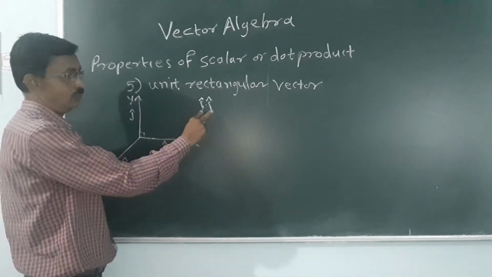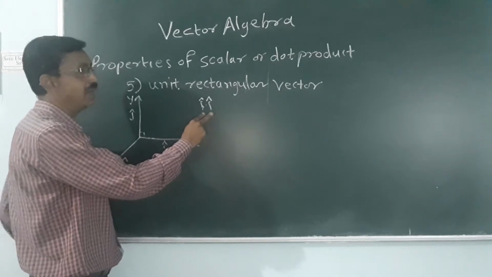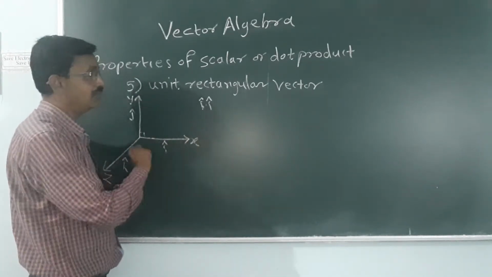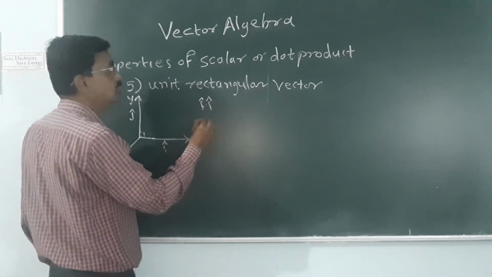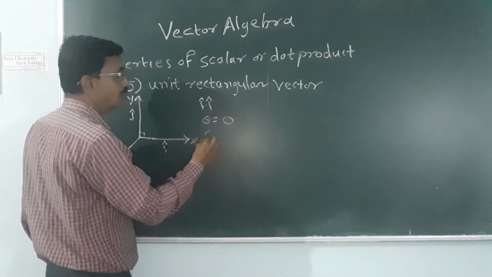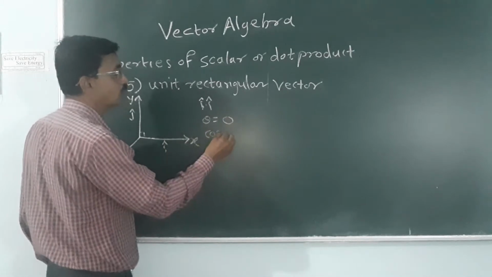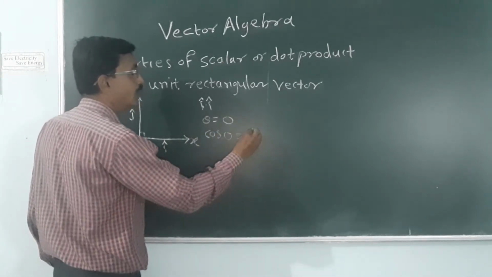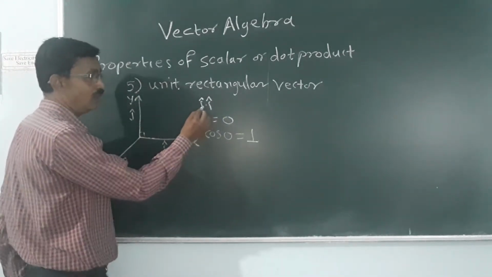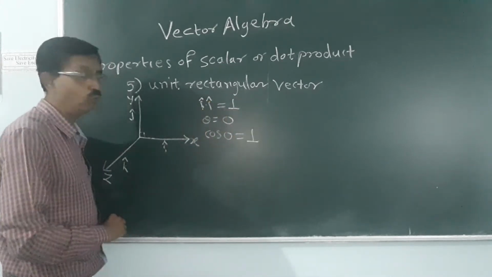Whenever vector i is parallel to vector i with equal magnitude, the angle between them is 0, so theta is equal to 0. Then cos 0 is equal to 1, and therefore i dot i has the value 1.